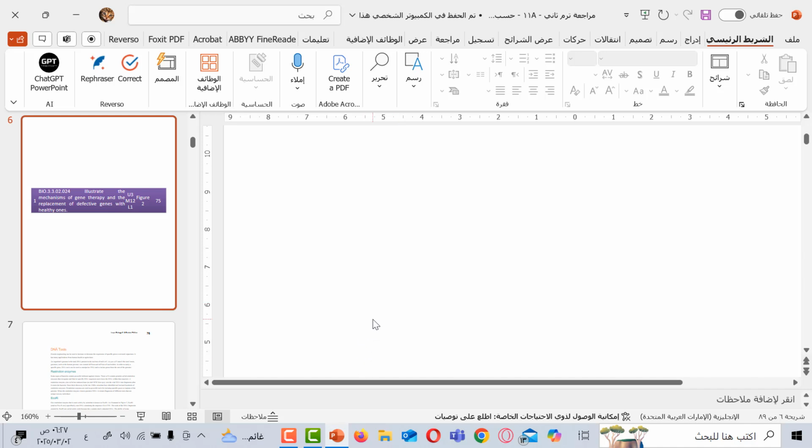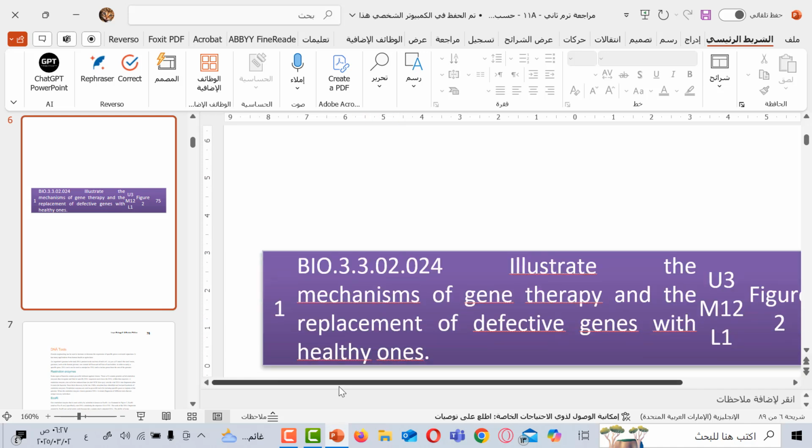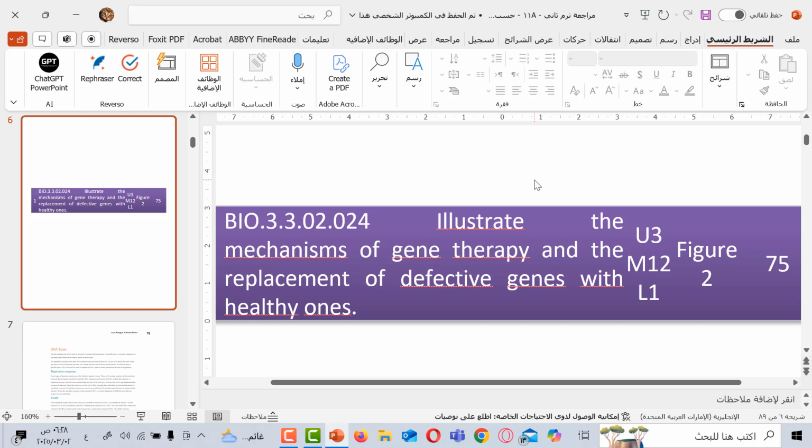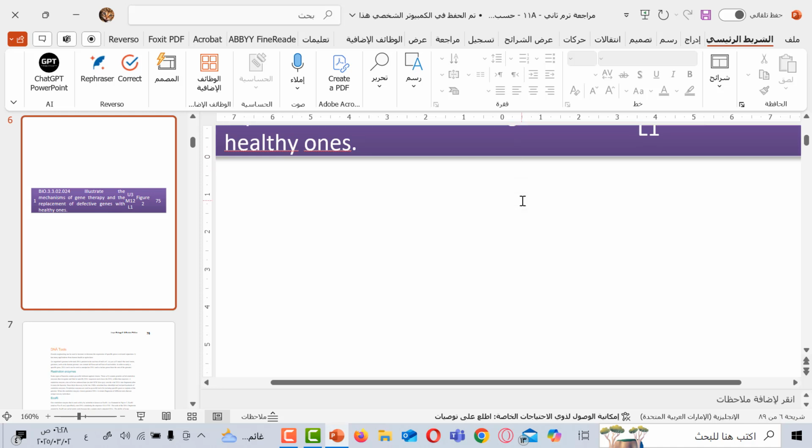The page after that will be page number 75, and in the MOE he asked about figure 2.